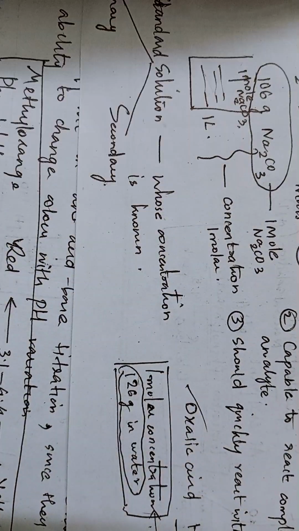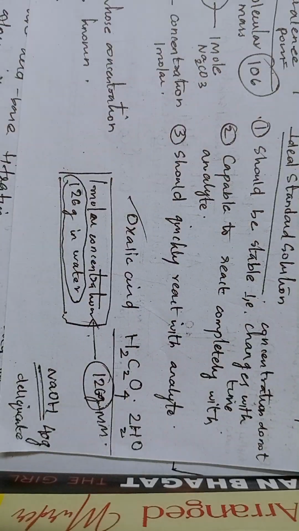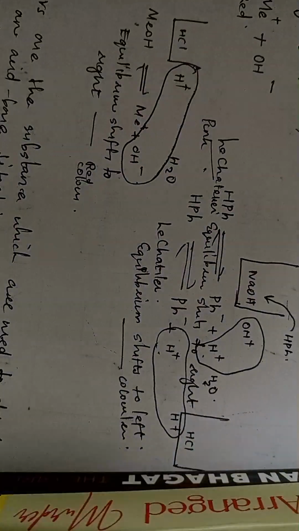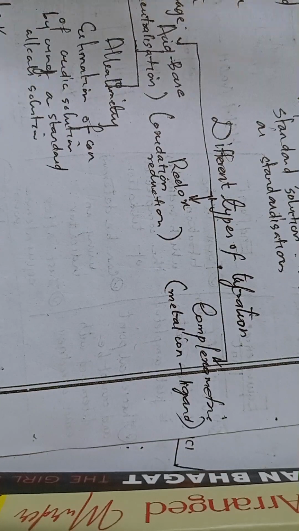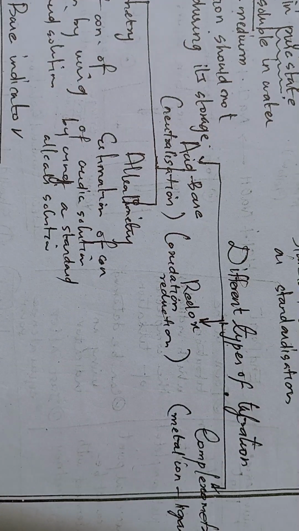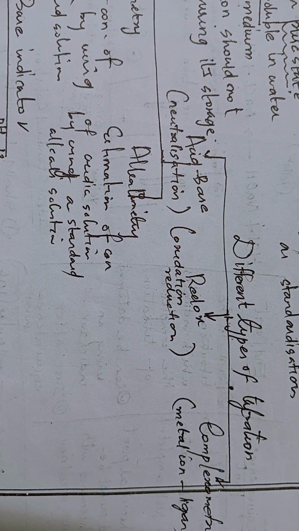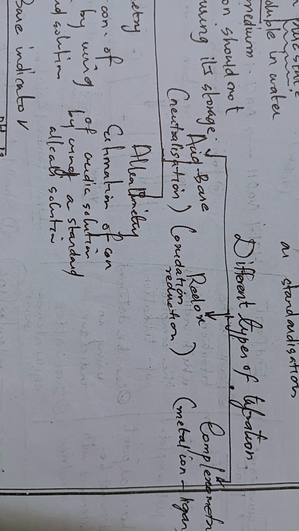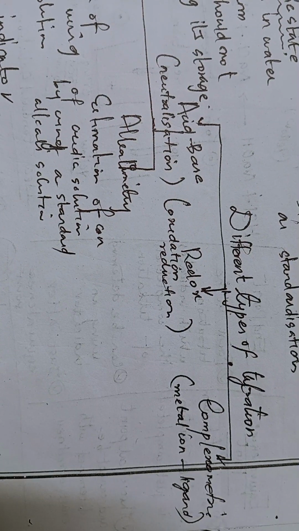Then we have also discussed what are primary and secondary standards. After that we have types of titration. We have three major types of titration, which are neutralization titration, redox titration and complexometric titration.